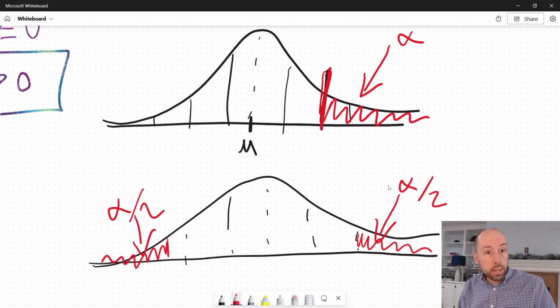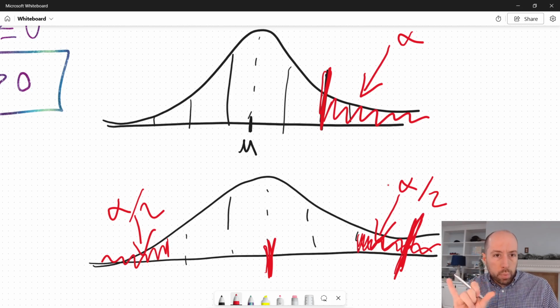That's this alpha. It's the same as the area of this range where I accidentally reject the null hypothesis because I got an x bar purely by chance that was much larger than my hypothesized value mu, and it works the same in reverse if you swap x bar and mu, right? The logic is the same.